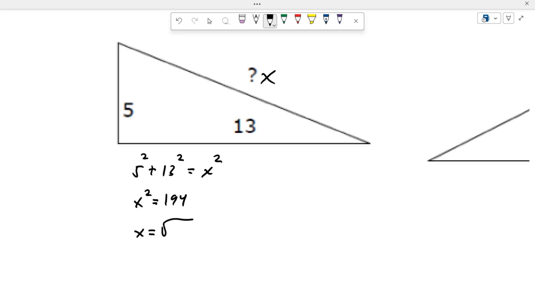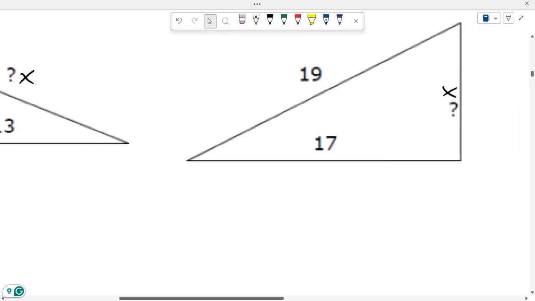So therefore x is the square root of 194. And the square root of 194 is an irrational number. Because this is just an abstract scenario, I would recommend that you leave it as a square root and not give an approximate answer. This also cannot be simplified. And so our answer is the square root of 194.